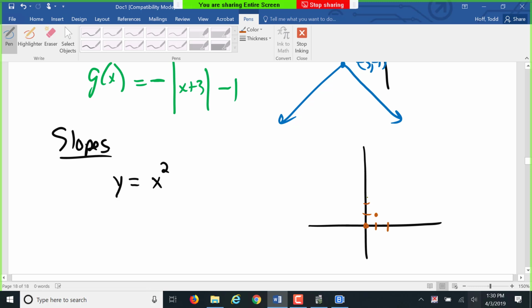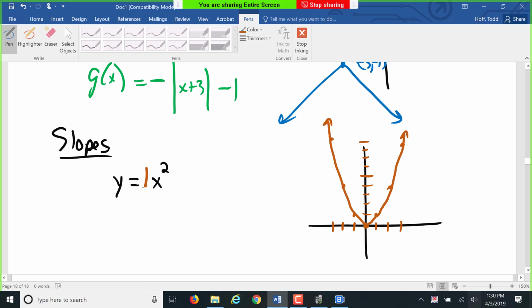If you go over 2, 2 squared is 4, so you go up 4. If you go over 3, 3 squared is 9, so you go up 9. You get that side like that. And on the other side, it's the same. Over negative 1, up 1. Over negative 2, up 4, and over negative 3, up 9.